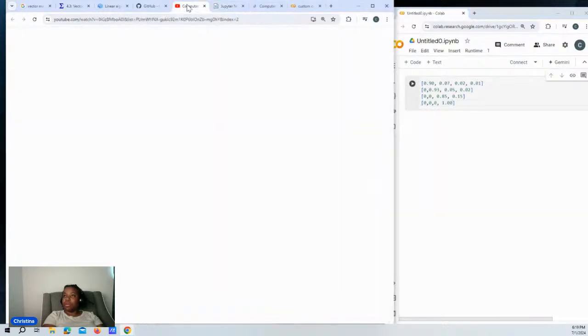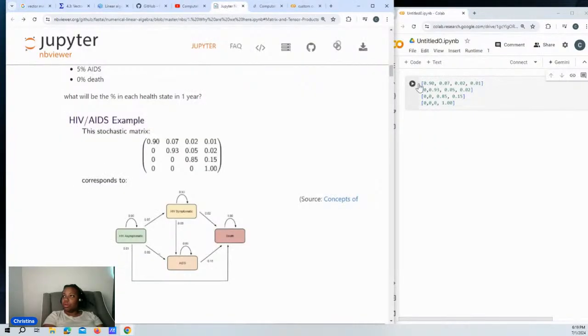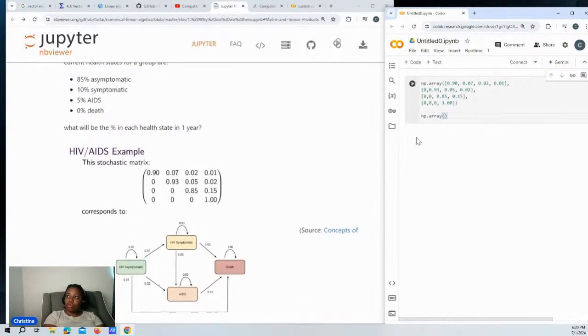Okay, and am I setting that up right? Yeah, so I just put it in an array like this. So then I get another one. This one's much easier.